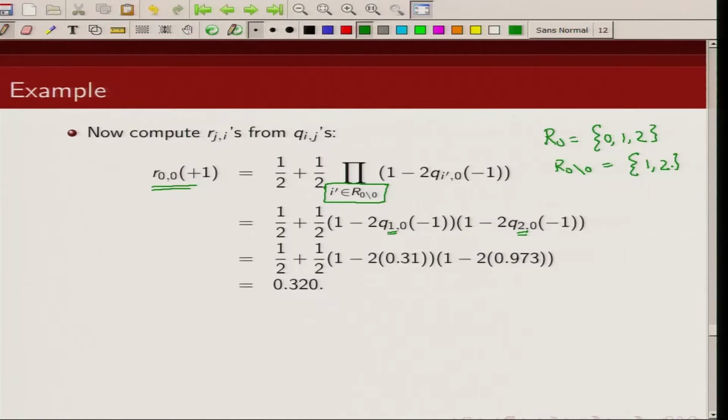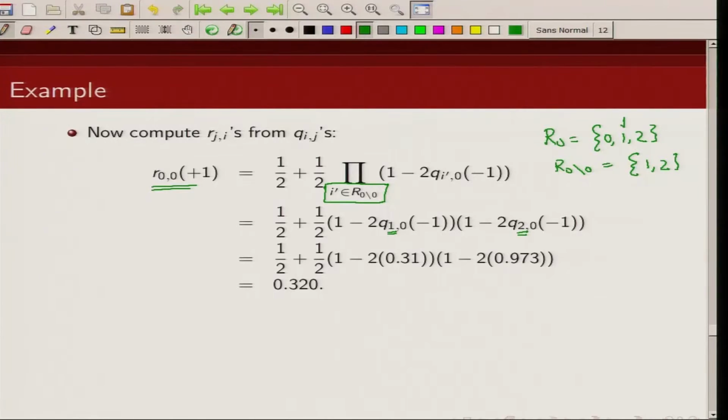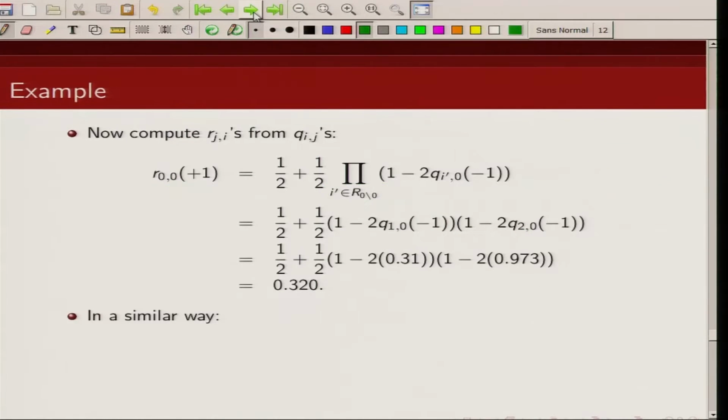So, in this product you will have two terms, one corresponding to Q10, the other corresponding to Q20, because in that 0th parity check equation, other than the 0th bit, the bits that are participating are bit number 1 and bit number 2. So, this is the probability that the parity check constraint is satisfied given Ci is 0. And similarly, we can calculate the other Ri's.